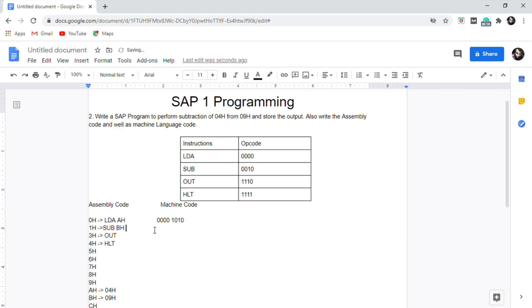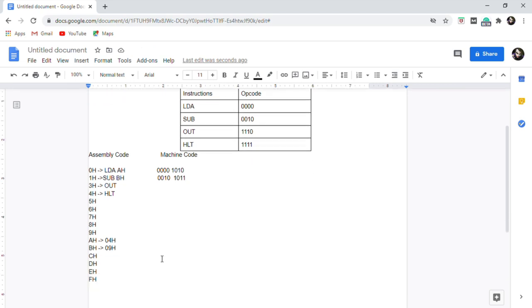So after this we need to write the opcode of this instruction SUB, whose opcode is 0010. Then after we should write the binary form of this BH, which is 1 more than the above, so 1011. So basically we have loaded the addresses over here, and then we need to load the actual data over here.